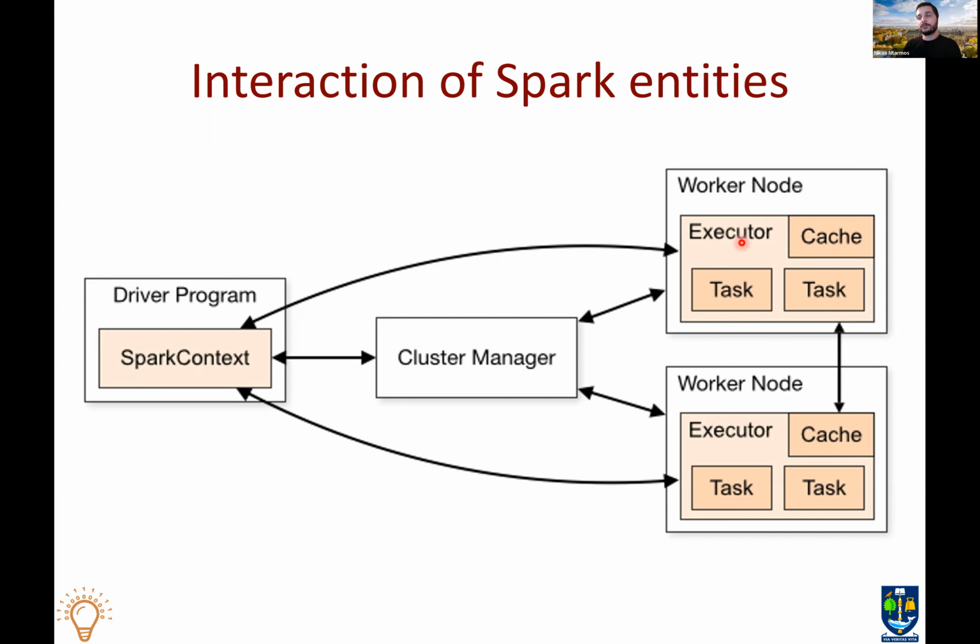These executors have a thread pool on which we execute tasks. And then they also have a cache where the data is being cached. And once these executors are up, the context talks directly to the executors to assign tasks and collect the status of running tasks. Okay.